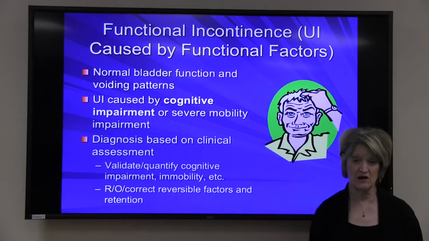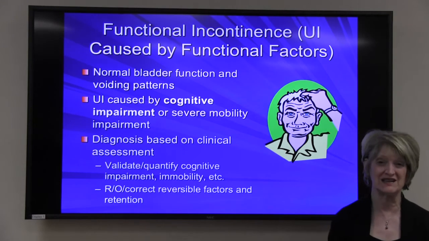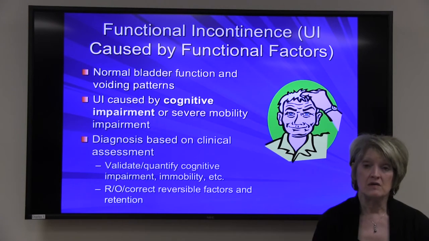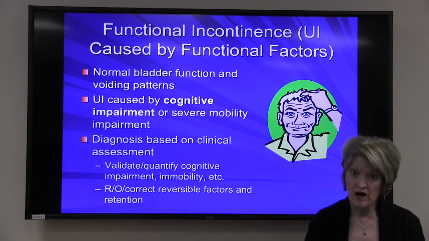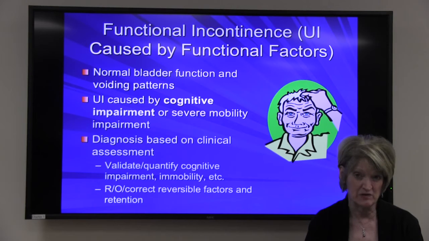How do I make a diagnosis? Is there one little test I can do? No. But I can use clinical observation. I can quantify their cognitive impairment using one of the cognitive assessment tools like the Mini-Mental Status Exam or the clock drawing test or whatever. I can certainly quantify their mobility impairment.